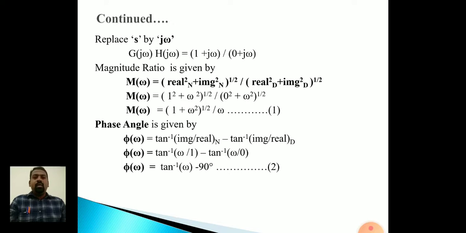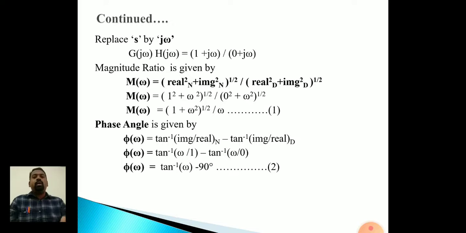So here the magnitude ratio is given by M omega equals (real square of numerator plus imaginary square of numerator) to the power of 1 by 2, whole divided by (real square of denominator plus imaginary square of denominator) to the power 1 by 2. So here, once again, see the terms in the numerator and denominator separately, real parts as well as imaginary parts, and substitute, you will get the magnitude ratio.